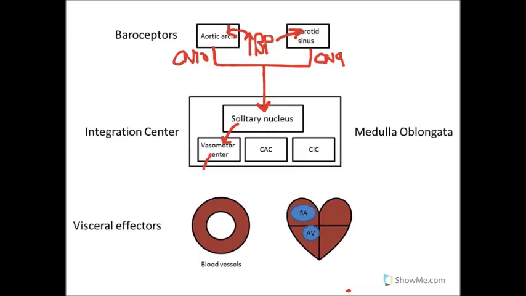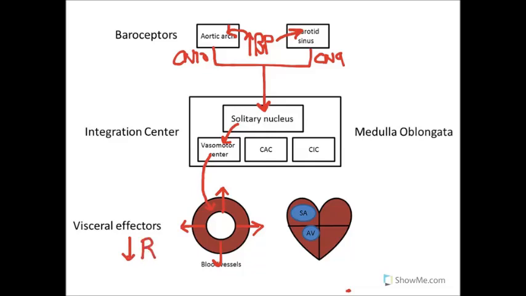So what the vasomotor center is going to do is send this out, and it's going to actively dilate our blood vessels, vasodilation, and that's going to make this hole bigger. And so with vasodilation, we are in fact decreasing the resistance.